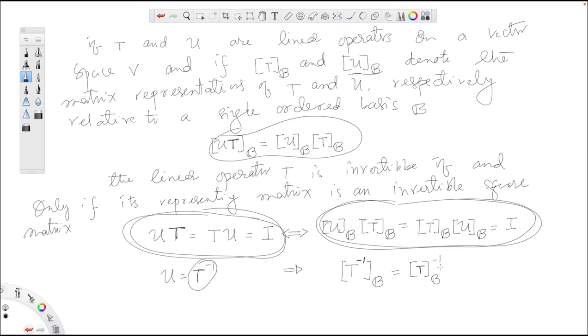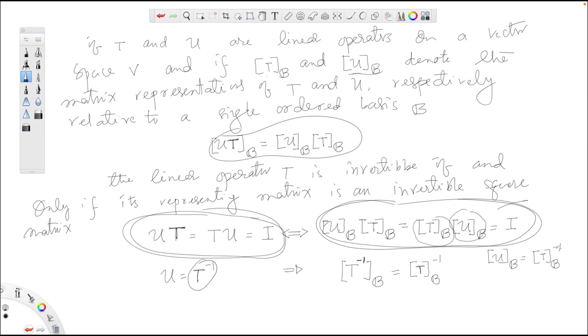Okay, this follows from this because U is T inverse. Okay, so the product of these two matrices is the identity matrix, and then you keep it on this side and take this guy to the other side. So you have the matrix representation of U relative to the ordered basis B to be equal to the inverse of this matrix.